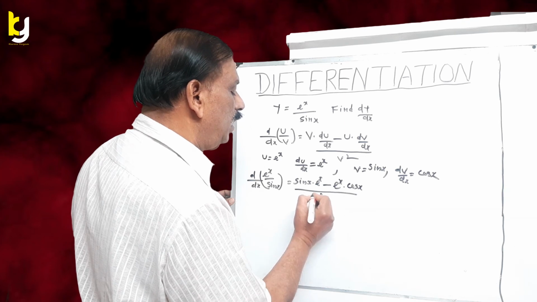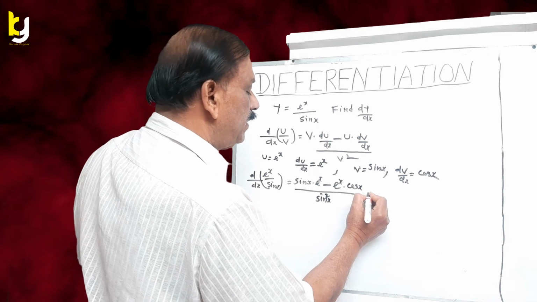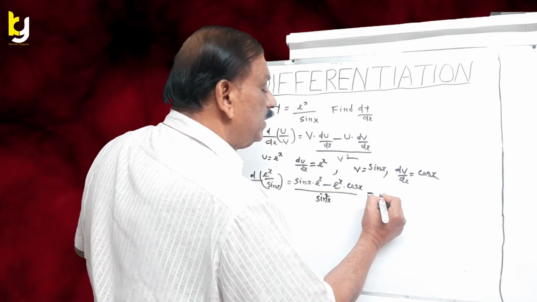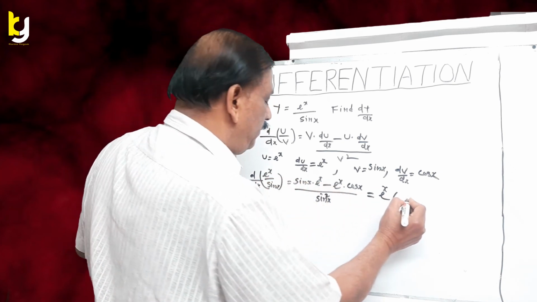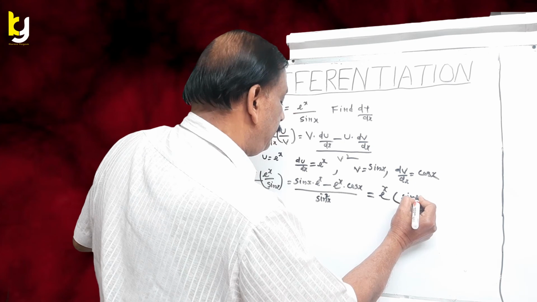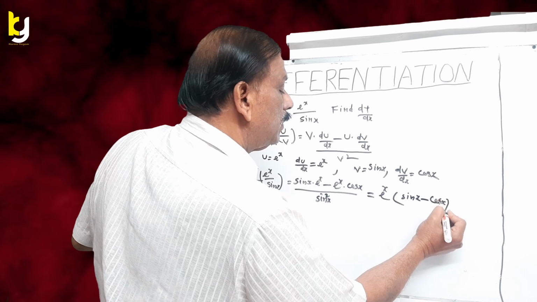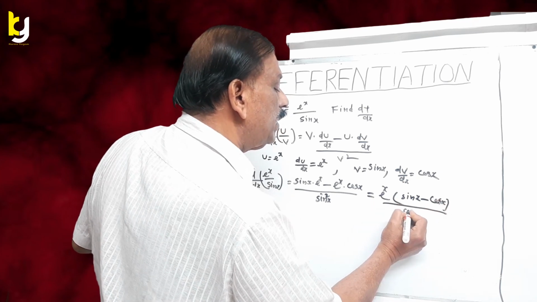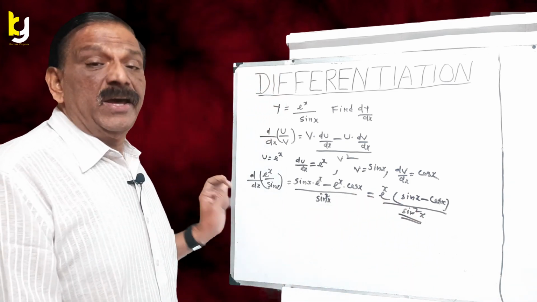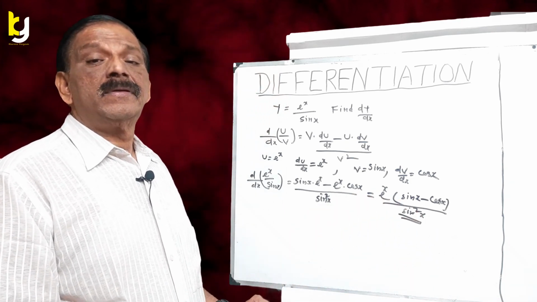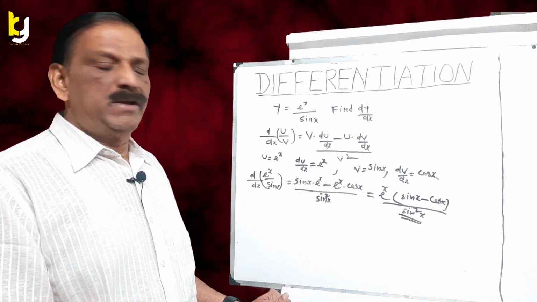Therefore, v square equal sin x into sin x, sin square x. Therefore, this is equal to e to the power of x into, take e to the power of x outside, sin x minus cos x whole divided by sin square x. Hence the answer. Clear? If you have any doubt in any steps, please comment in my comment box.